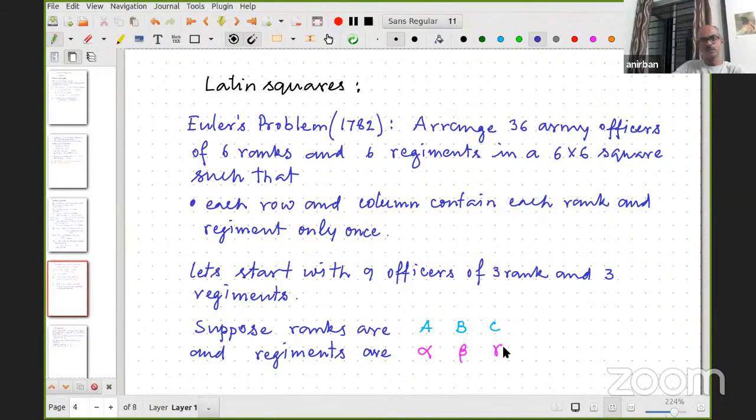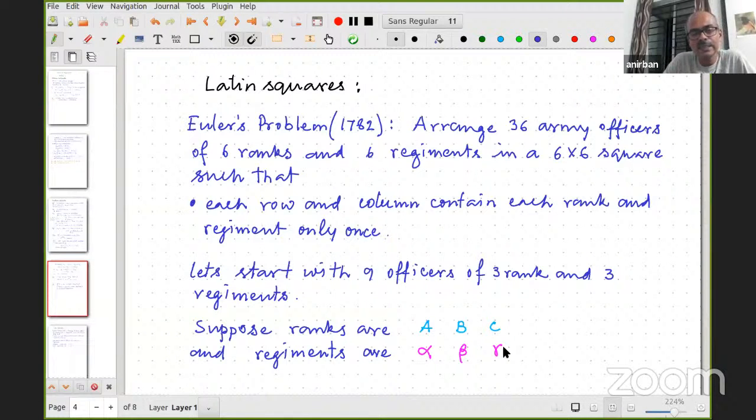Historically, it probably started much earlier, but this is a famous incidence of this. Euler posed a problem in 1782 that asks for the following: arrange 36 army officers, that is 6 square. So you have 6 square army officers.